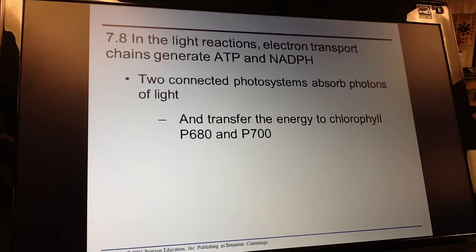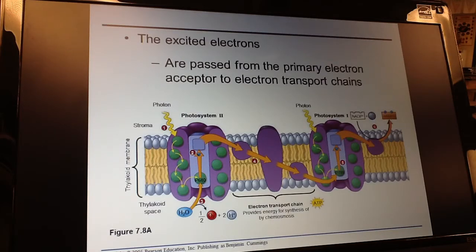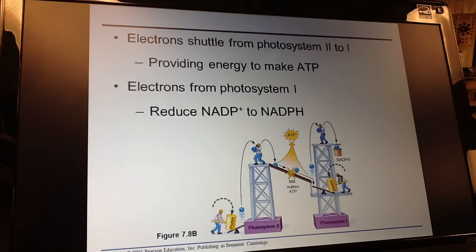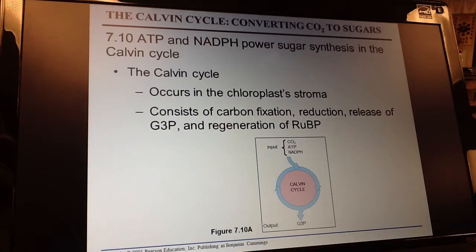The electron is then used to generate a concentration gradient so that we can create energy in the form of ATP. We also talked about how the electron is ultimately being donated to NADPH as a way of producing that molecule. So now we have made our energy molecules, and what we're going to do is use them in the Calvin cycle.